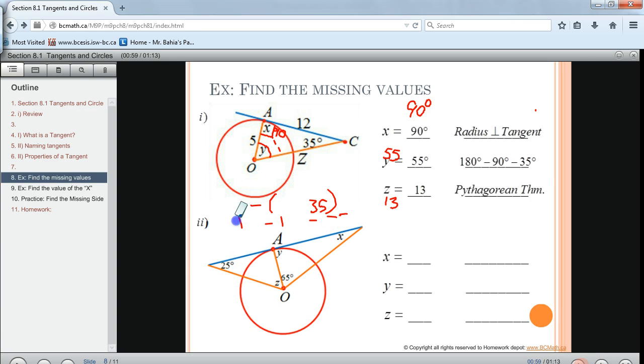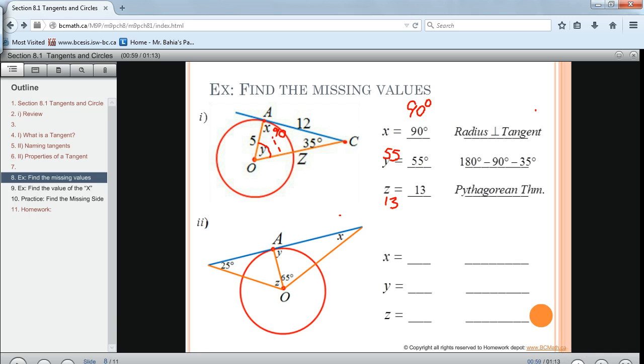Okay, now let's take a look at the next one. What about this one below? Let me erase all of that. What about this one here? Okay. X, Y, and Z. There's X, there's Y, and there's Z. What do we know about these guys?